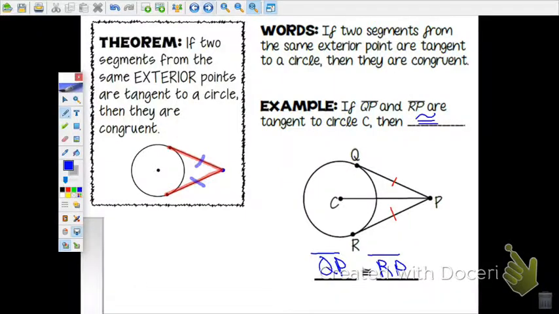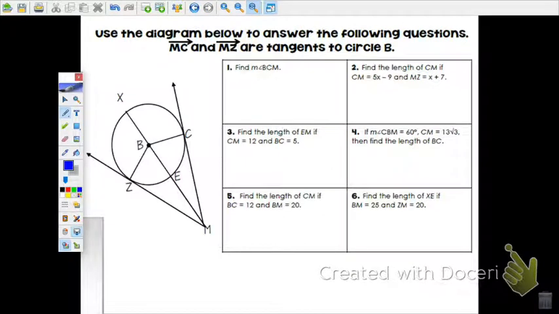So now we're going to take a look at how we can apply those different theorems to solve some problems. So it says to use the diagram below, mine's off here to the left, to answer the following questions. And then they tell us that MC and MZ are tangents to the circle. Okay. So because I know that they are tangents, before we even start looking at particular information, because we know they're tangents, what does that first theorem allow us to mark in our diagram?